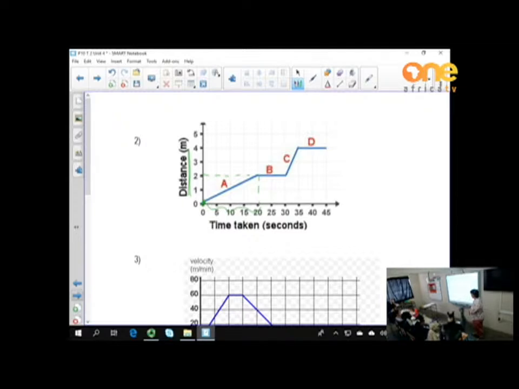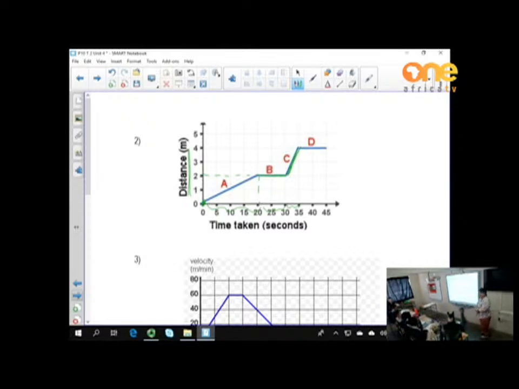Speed is fine. Okay? Then, what has he done over here? Yes, he stood still for 10 seconds. No? It's a distance time graph. Then he started moving once again. Constant speed for 5 seconds.